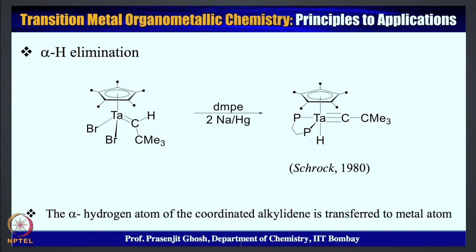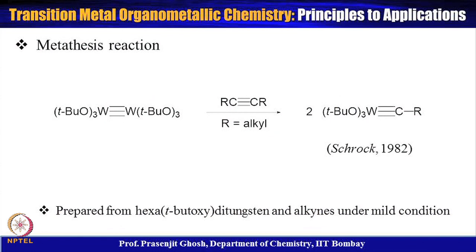Of the three strategies so far that we have seen for preparing carbyne complexes, all use a transition metal carbene as a precursor, and depending on the various methods they apply, transition metal carbyne complexes have been formed. So, let us take a look at some other examples, and one interesting reaction we are going to talk about right now is the metathesis reaction.